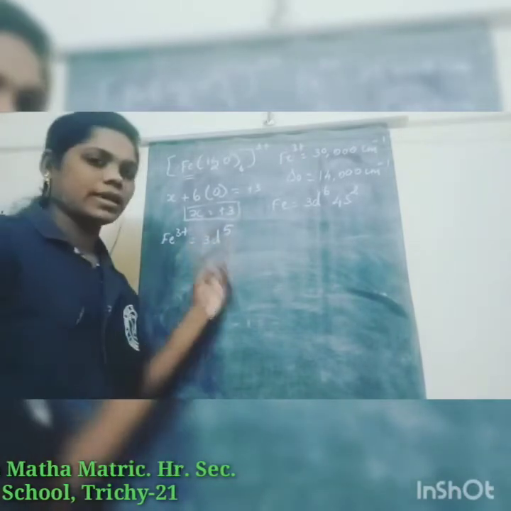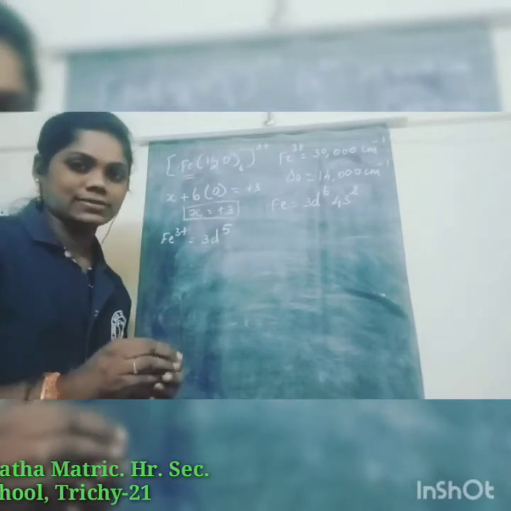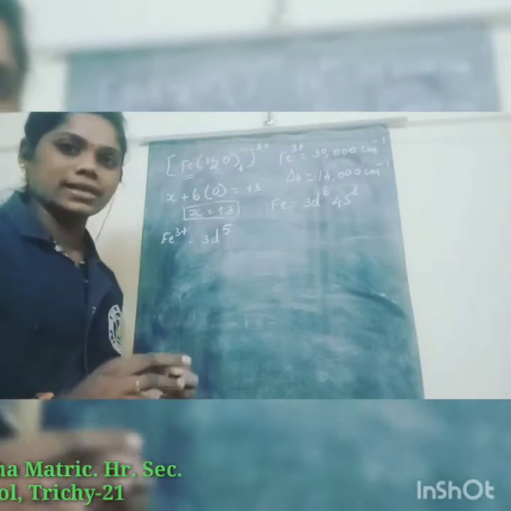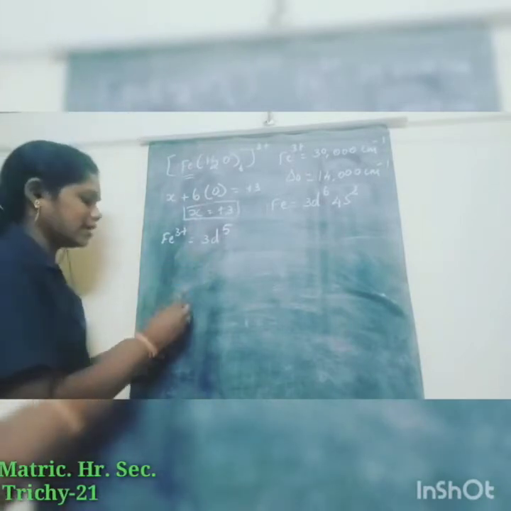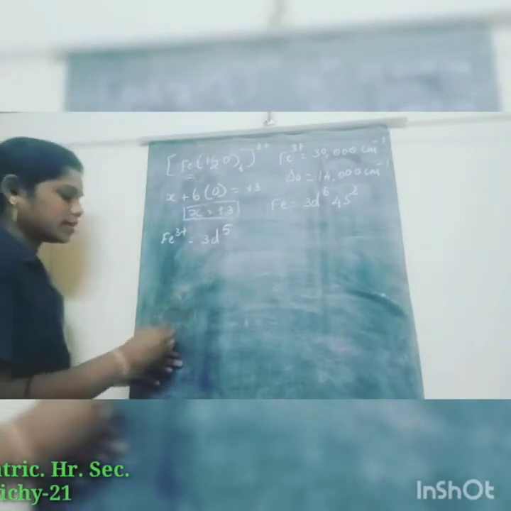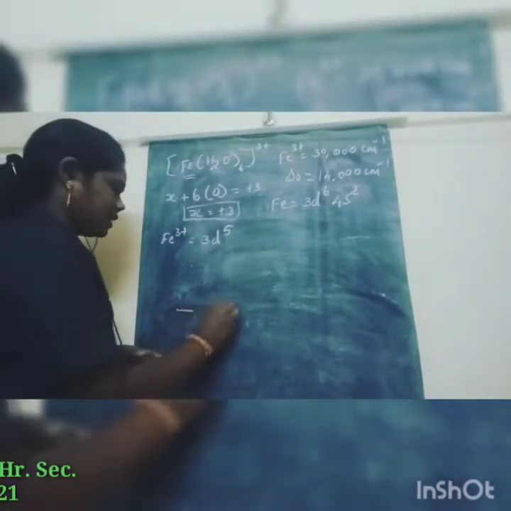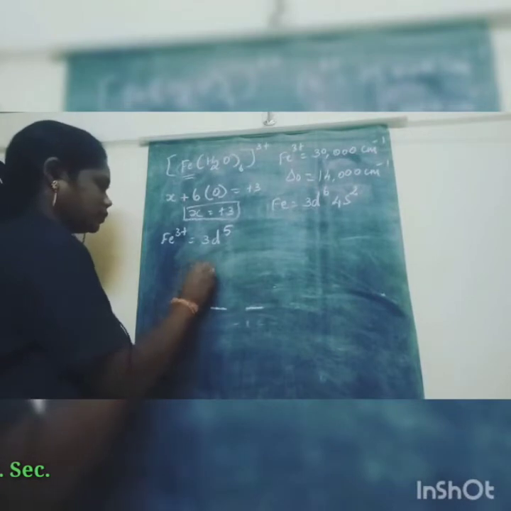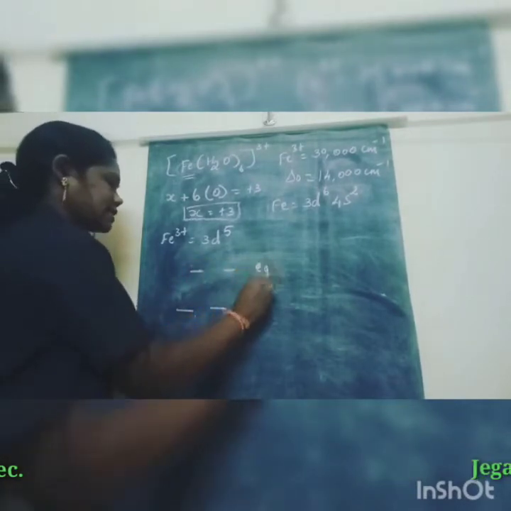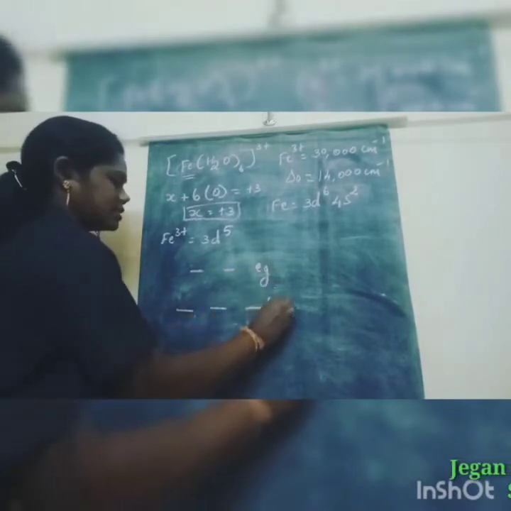For d5, how many arrangements are possible? Two are possible here. First I draw this one. In the ground state there are 3 and here 2. This is for the Eg set and this one for the T2g set.